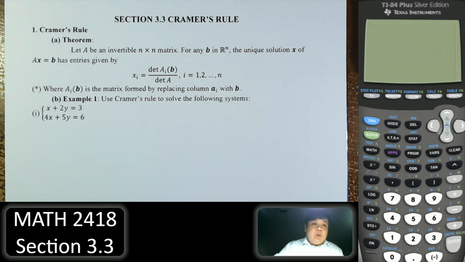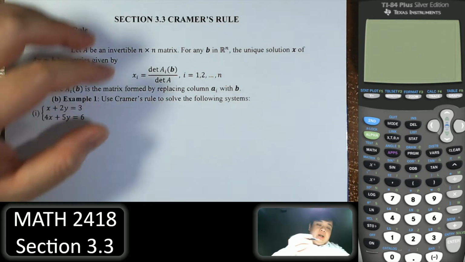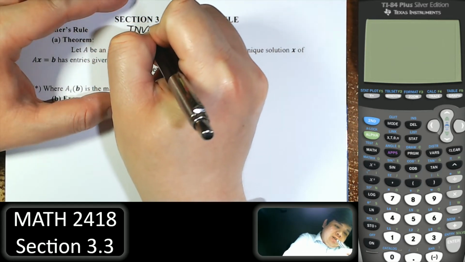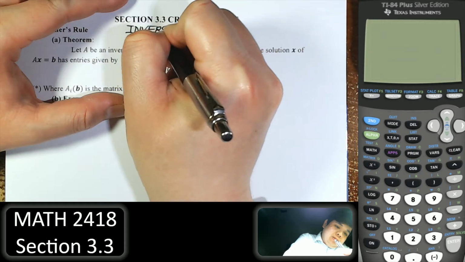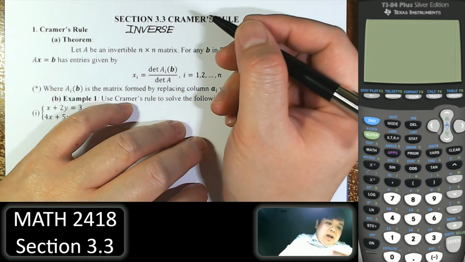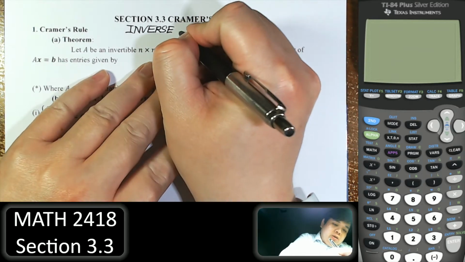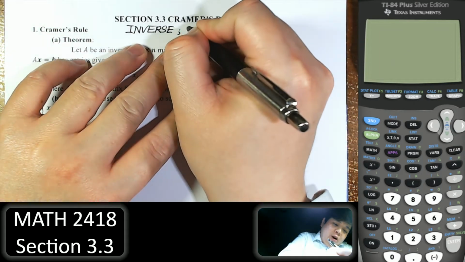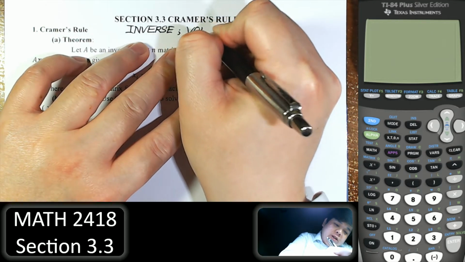Actually, in this section we learn a lot more than just Cramer's rule. We'll get back to inverse, and then the area, volume and transformation. So Cramer's rule is the first one, and then inverse, and then volume and linear transformation.